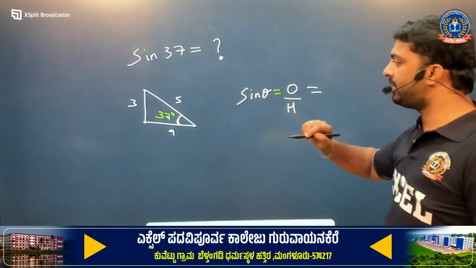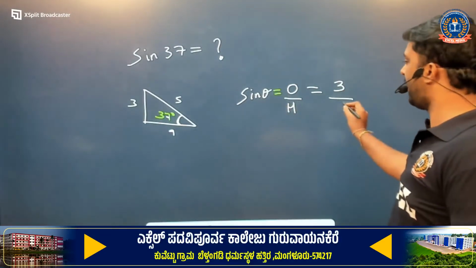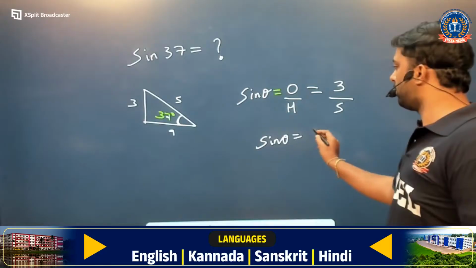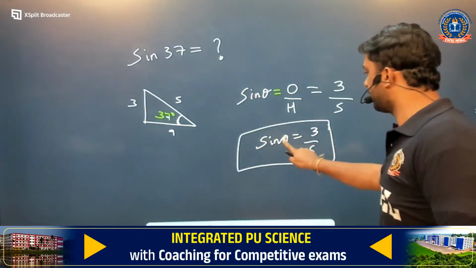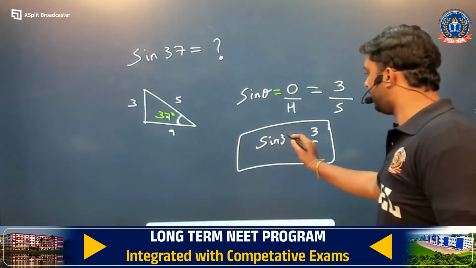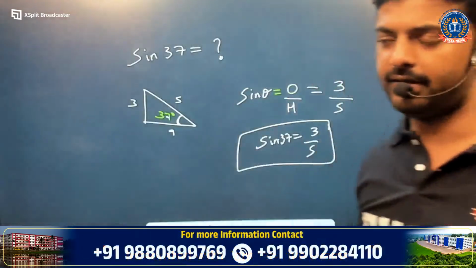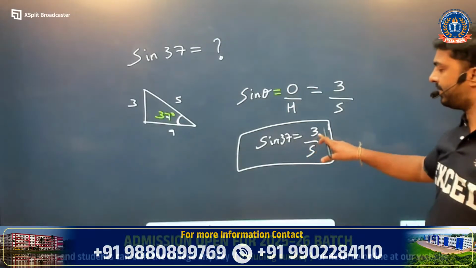In the opposite side we have 3 and in hypotenuse we have 5. So sine theta is equal to 3 by 5. So sine 37 is 3 by 5.